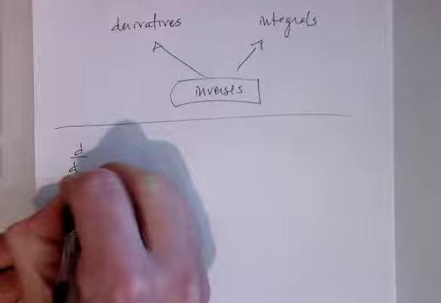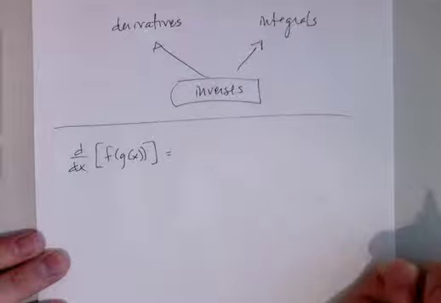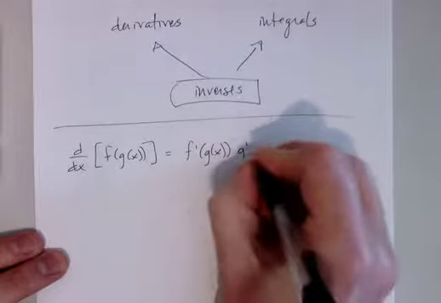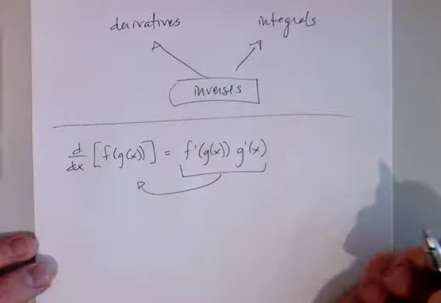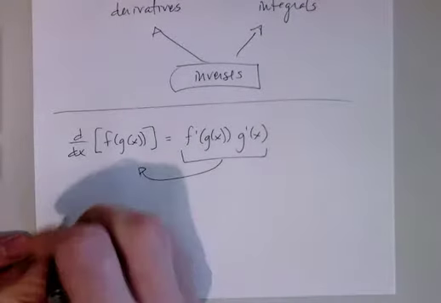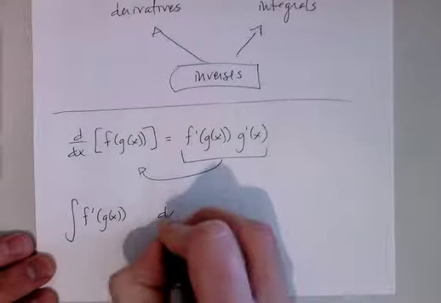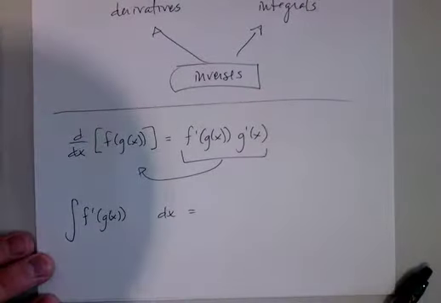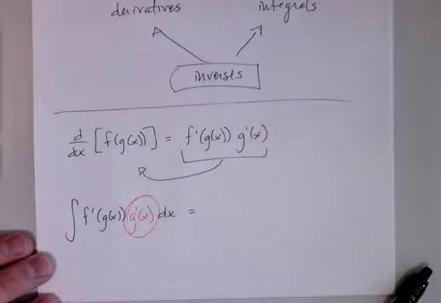So remember that when we take the derivative of f of g of x, we get f prime of g of x, g prime of x. Now, in order to go from here back to the composite function, it is not enough to have f prime of g of x dx. You have to have that second part right there. You have to have the g prime of x, okay? If the g prime of x is not there, you cannot undo it.